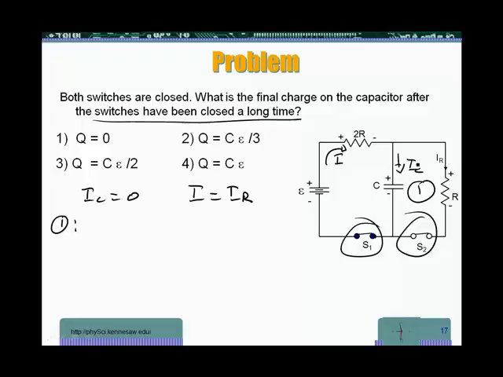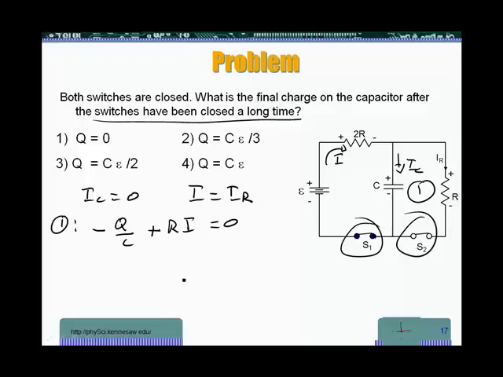So in this case, going counterclockwise from the top of C, I'm going to go minus Q, that I'm looking for, over C plus R IR is equal to 0. Or let's just call it I, since IR and I are the same.